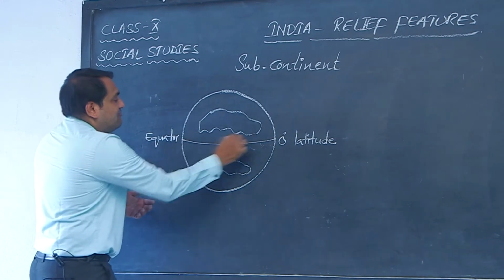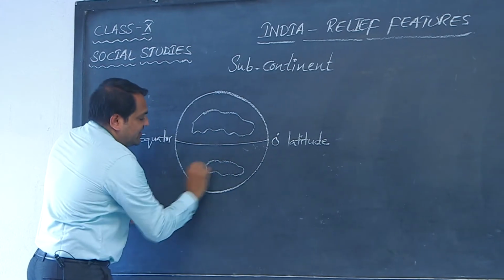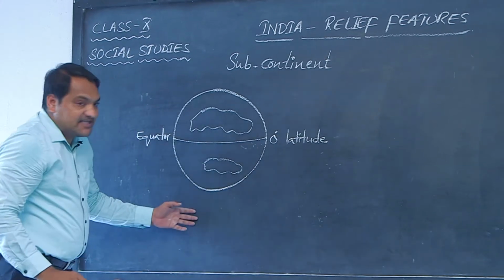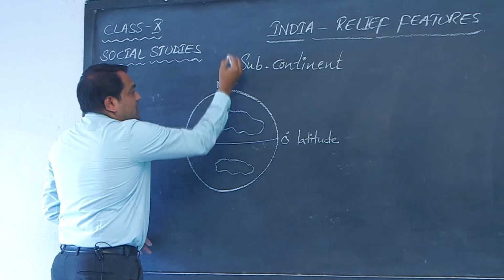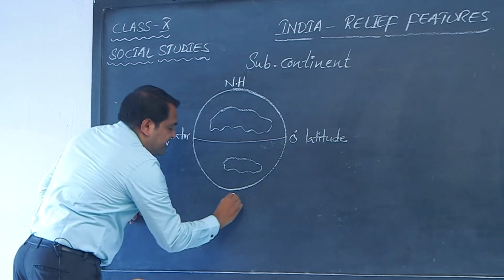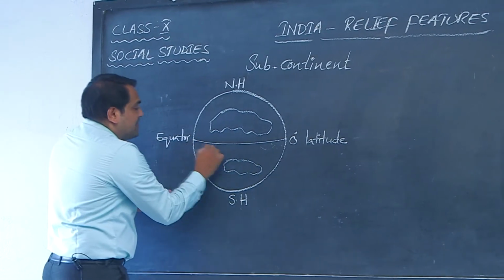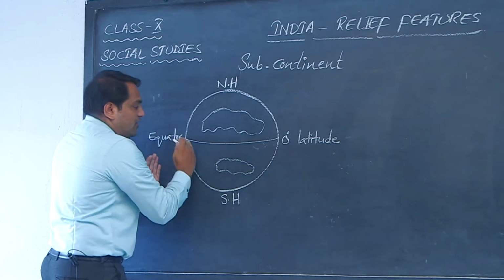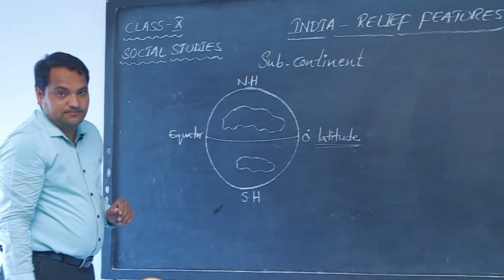Now, we have many other latitudes passing in the northern hemisphere and many other latitudes in the southern hemisphere. The upper part of the earth is called northern hemisphere and the southern part is called southern hemisphere. These imaginary lines that are drawn horizontally are called latitudes.